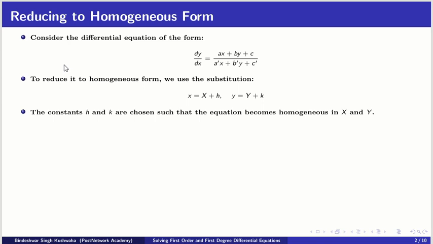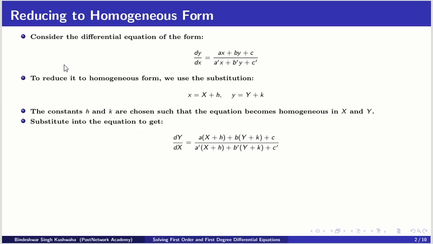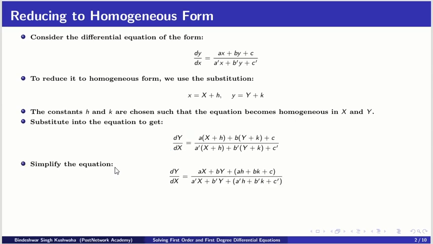The constants h and k are chosen so that the equation becomes homogeneous in x and y. So our goal is to make the equation homogeneous in x and y. So we will substitute into the equation to get dy over dx: instead of x, x plus h, instead of y, y plus k.